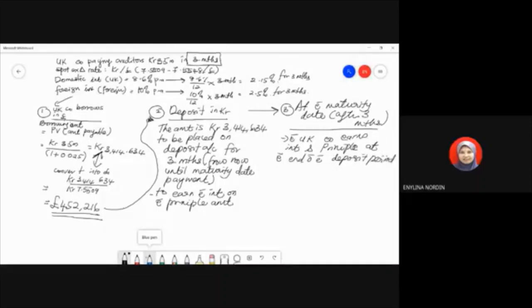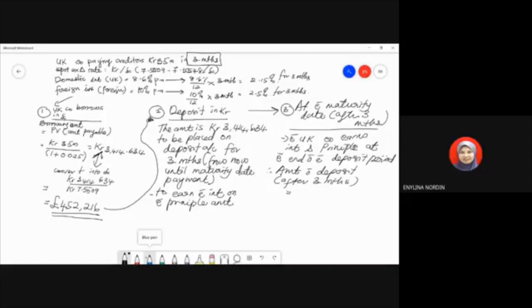Okay, so therefore, we need to calculate the amount of deposit after 3 months. So the amount of deposit at maturity date, which is after 3 months' time, equals to what?